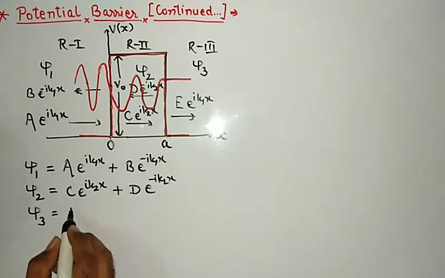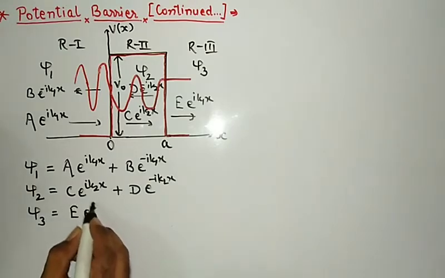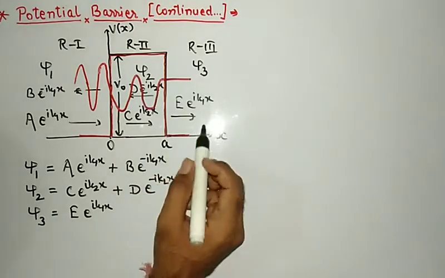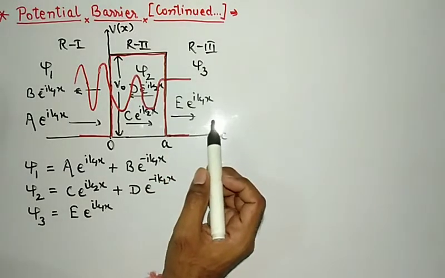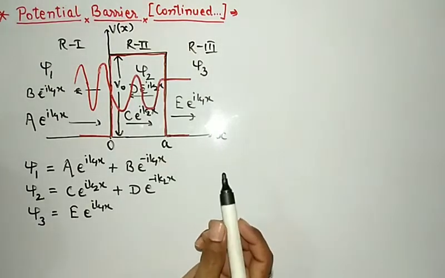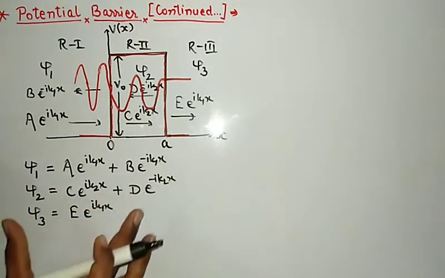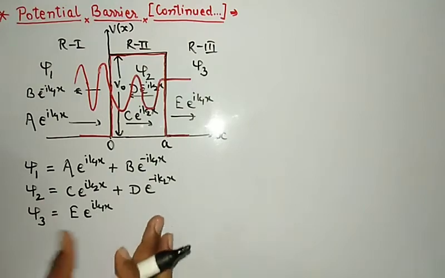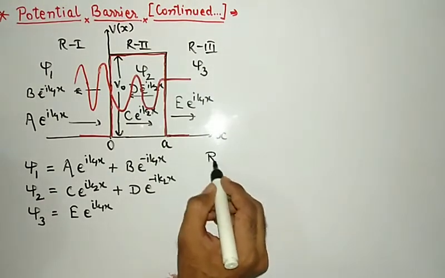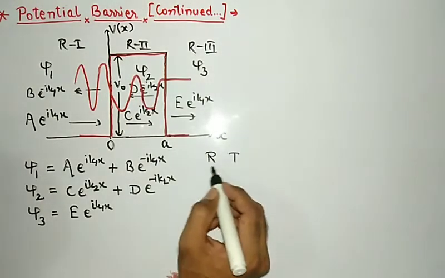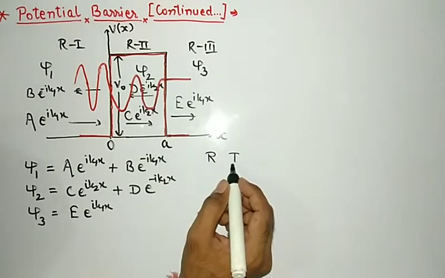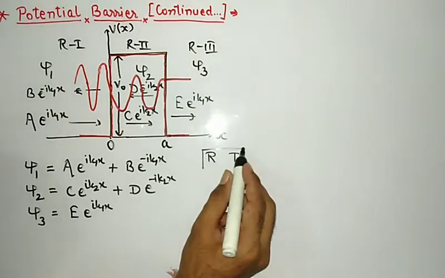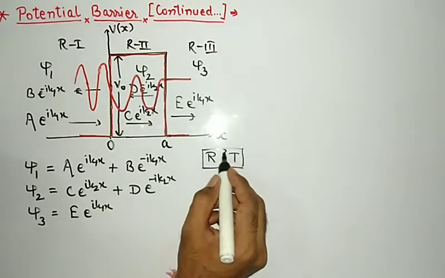And for psi 3: E e to the power ik1x, since there is no reflection from the third region. Now we have to solve for R and T, the quantum mechanical reflection coefficient and transmission coefficient. We have to see whether they exist.